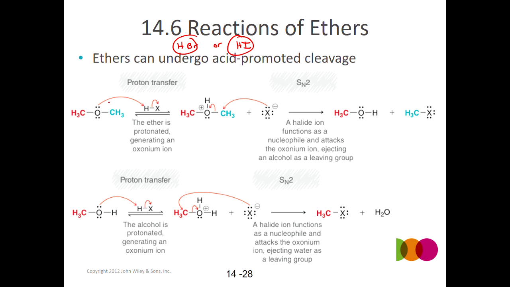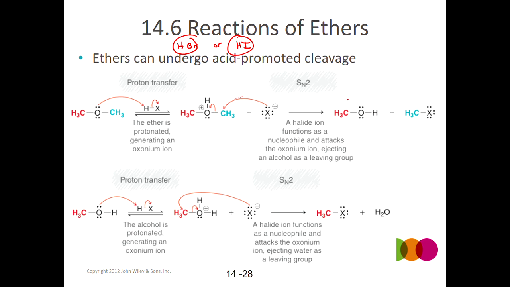So this would work on most ethers, depending on the R group. Most R groups, though, don't really interfere with this process. So what would happen is the oxygen would pick up a proton from my extremely strong HBr or HI acid. That makes it a good leaving group. So now the I minus or Br minus can attack here and push out that oxygen.